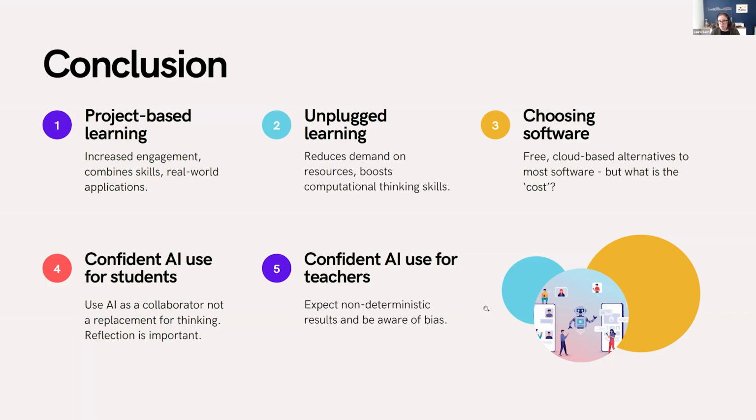Is really, really important. And for you as a teacher, be aware of the non-deterministic nature of AI, so that you won't get the same result from the same input ever, and be aware that it can be biased in your favor, or if you're using something like a model that recognizes, let's say, on a webcam, there can be bias in different ways depending on the training data.